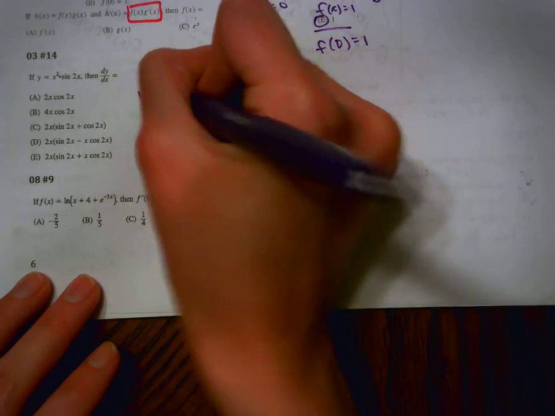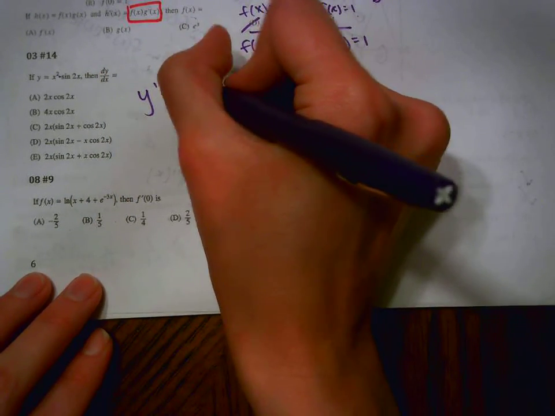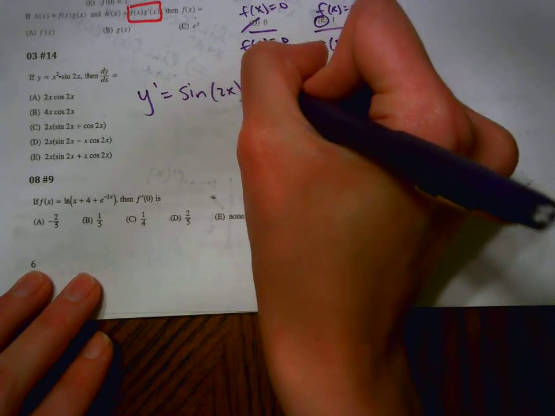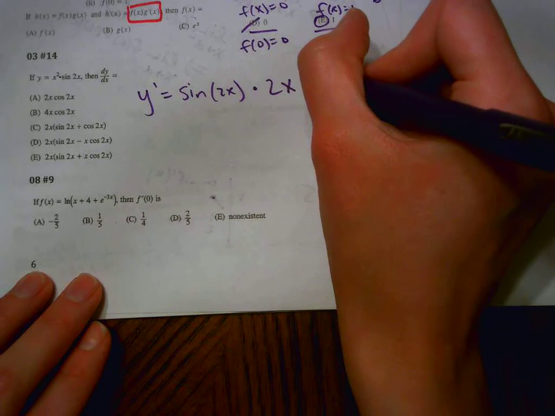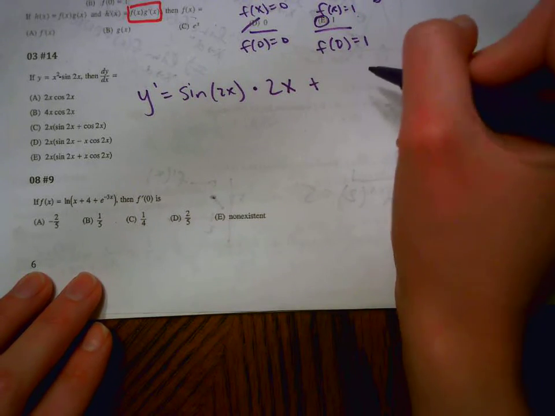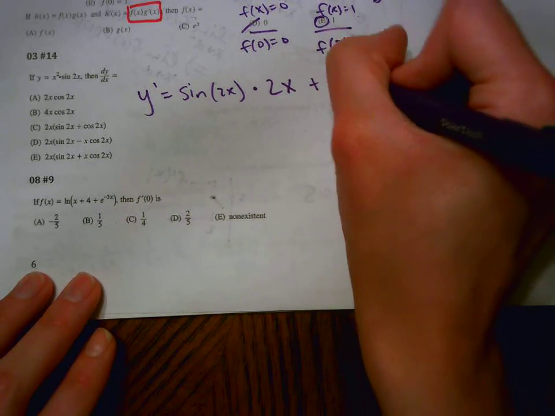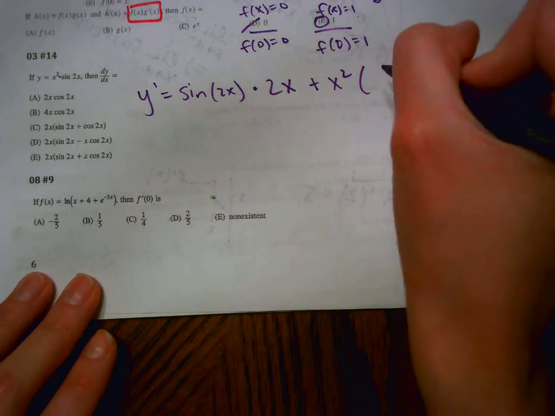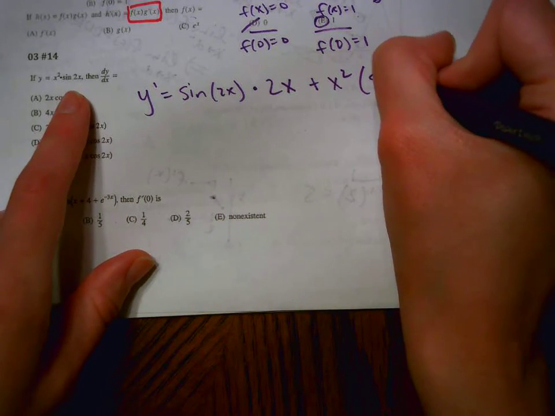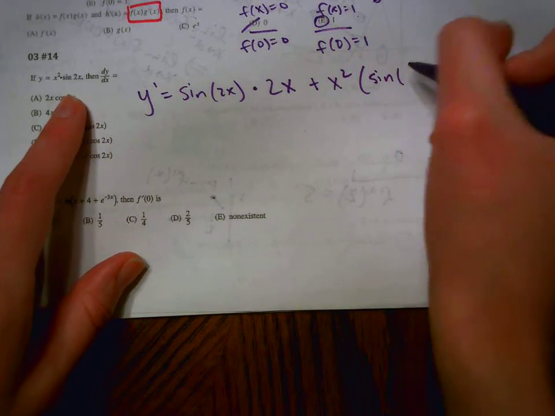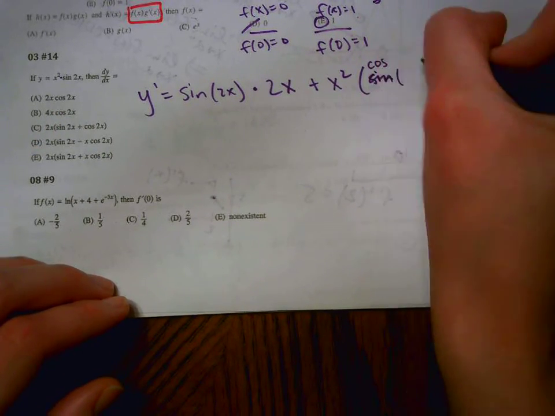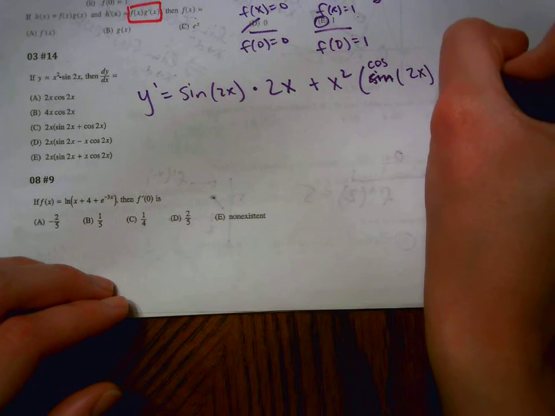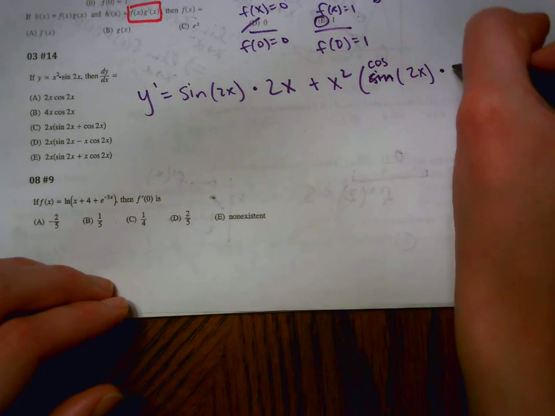So that would be the original second, sine of 2x, times the derivative of the first, 2x, plus, switch it, the original first, times the derivative of the second, which would be the derivative of sine, which is cosine, keep the inside the same, times the derivative of the inside, which would be 2.